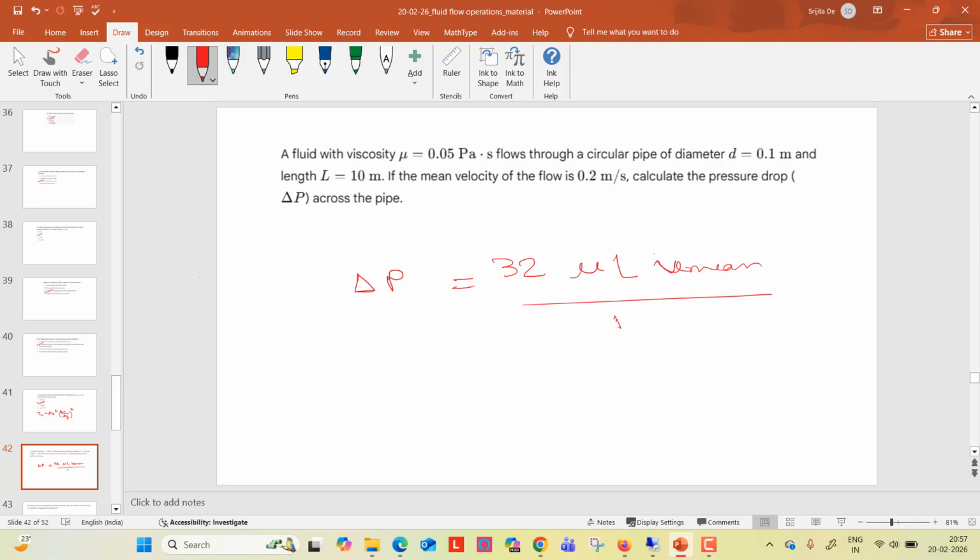So 32 into 0.05 into 10 into 0.2 divided by 0.1 square. How much is it coming?